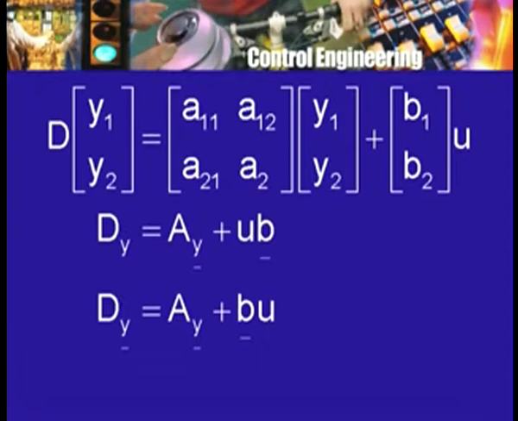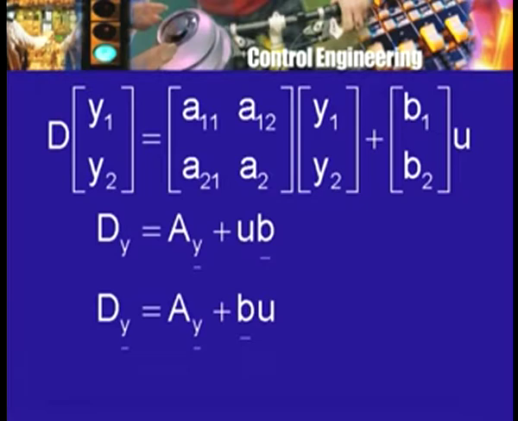Although this u is a scalar multiple, so usually it is written in front of b, in control literature this is a fairly standard way of writing. So, this is in fact a linear model of a system with one input and maybe two outputs in this case, or this y may consist of three components or whatever.